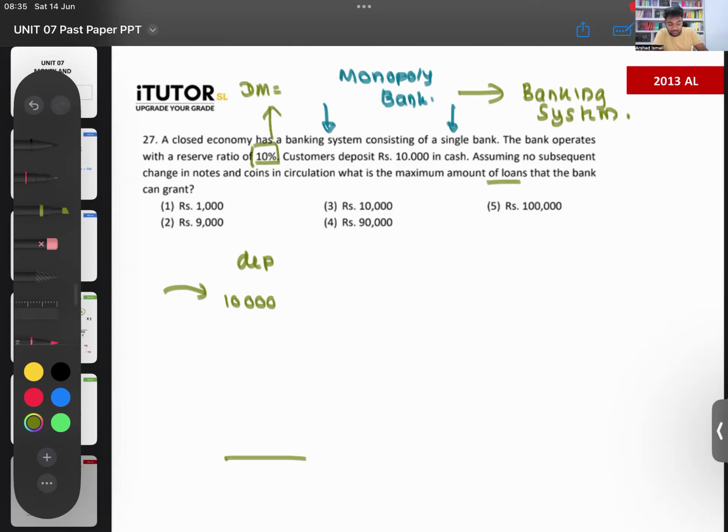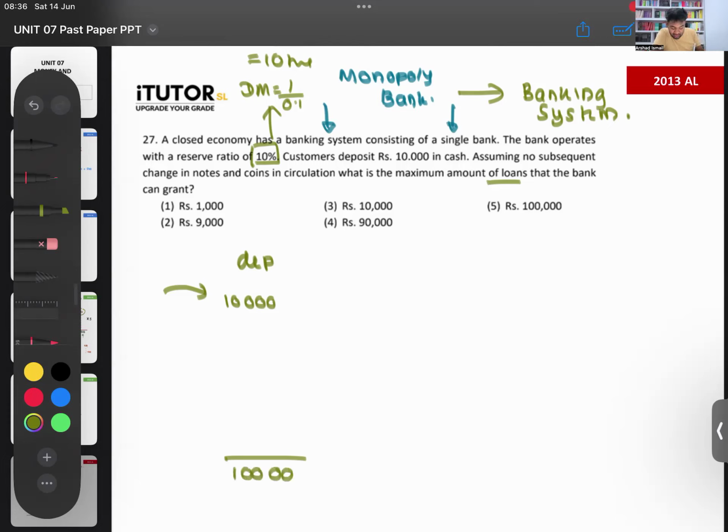Deposit multiplier is 1 over SRR, so 1 over 0.1, that is 10 times. So this 10,000 would have got multiplied by 10 times, and that would have created total deposits of 100,000.